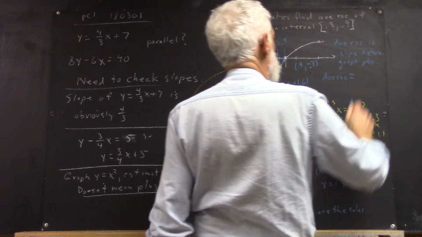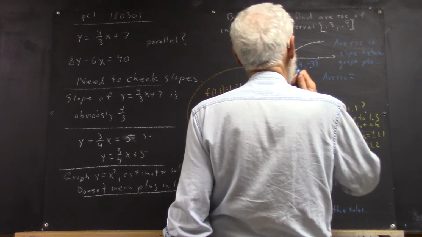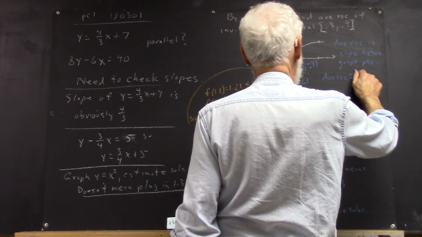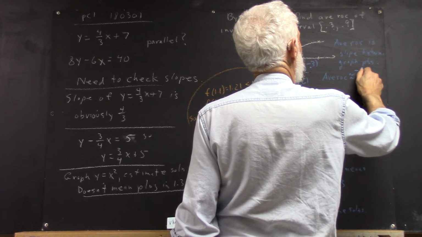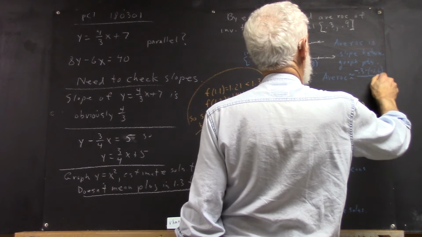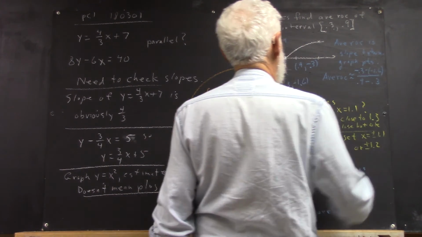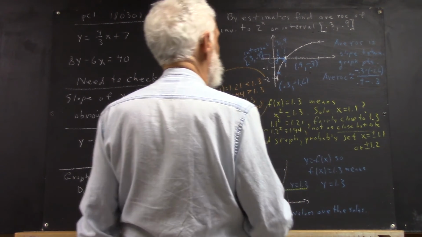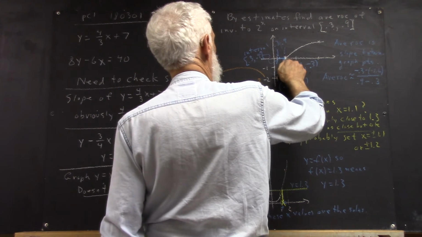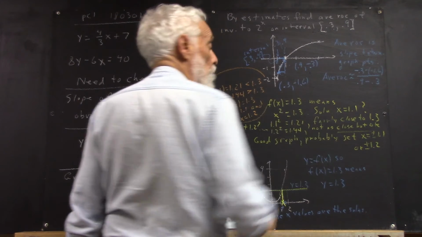So I say the average rate of change, according to my estimates, or our estimates, because we all kind of cooperated in messing up these estimates, is rise over run, right? Now also, you really should sketch that triangle, label the rise, label the run.